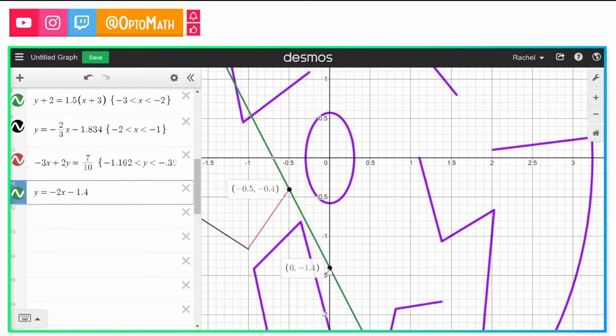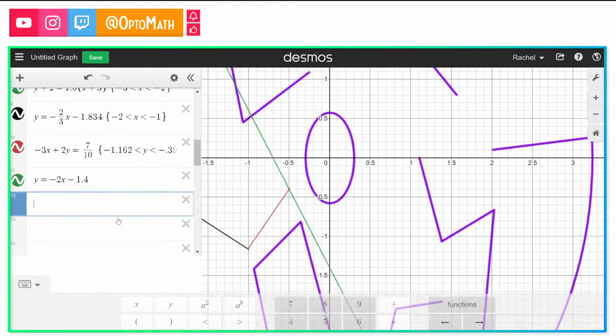You don't have to pick that point. I just picked the point that it showed up. But it actually is probably a pretty good point to make a turnaround to go back up to bypass this circle in the middle. So let's just pick that one. If you wanted to go further down for some reason, you could just click and drag and find the point that you need. But let's start here.